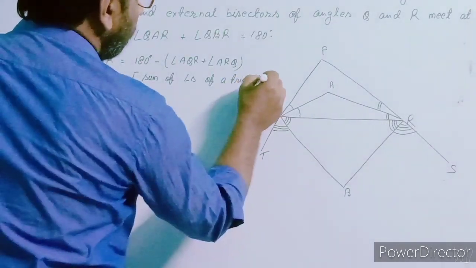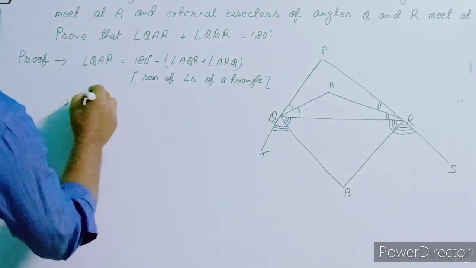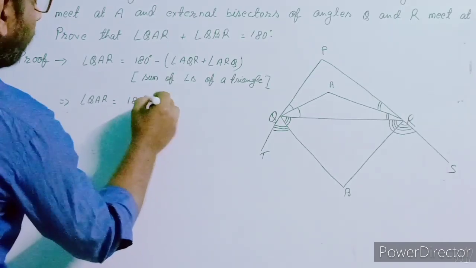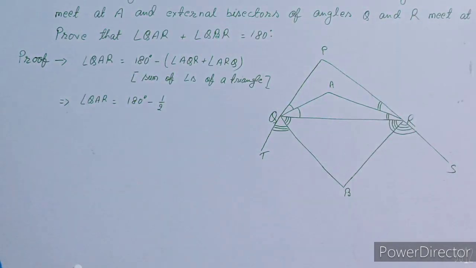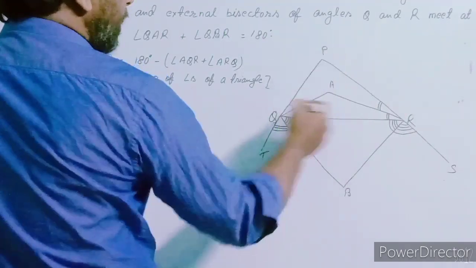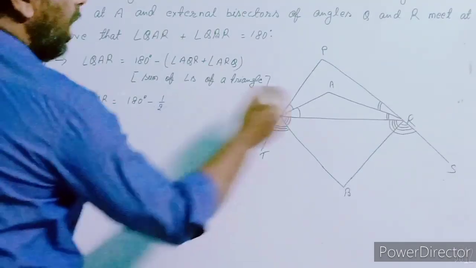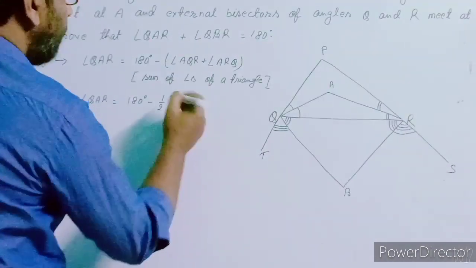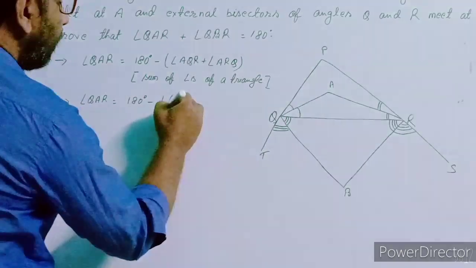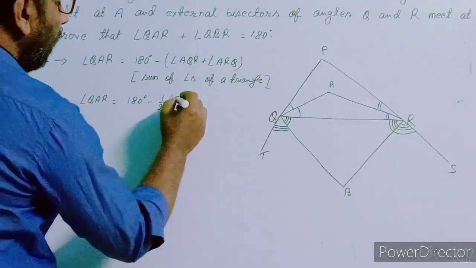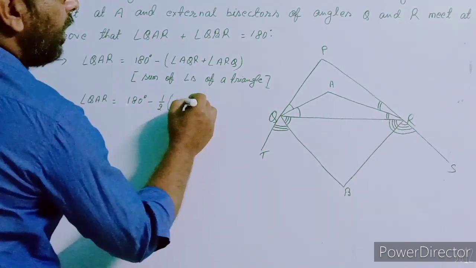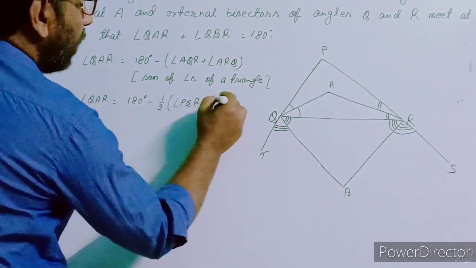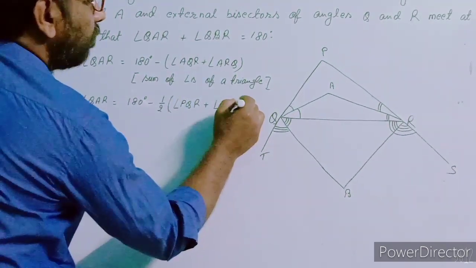Now, we can write this equation as angle QAR equal to 180 degree minus half. For angle AQR, we write angle PQR, and for angle ARQ, we write half of angle PRQ. So half became common. In bracket, we write angle PQR plus angle PRQ.